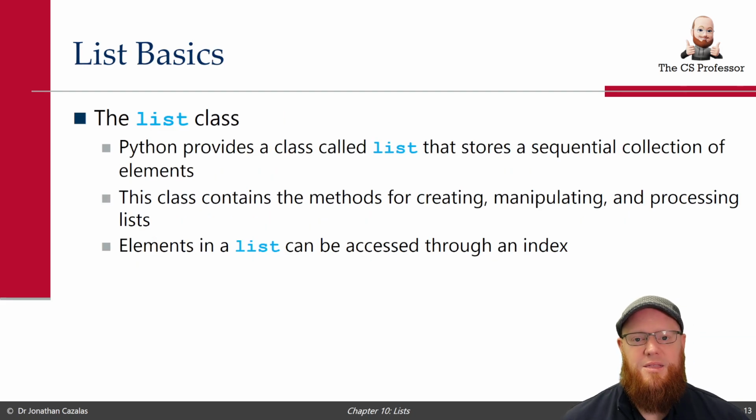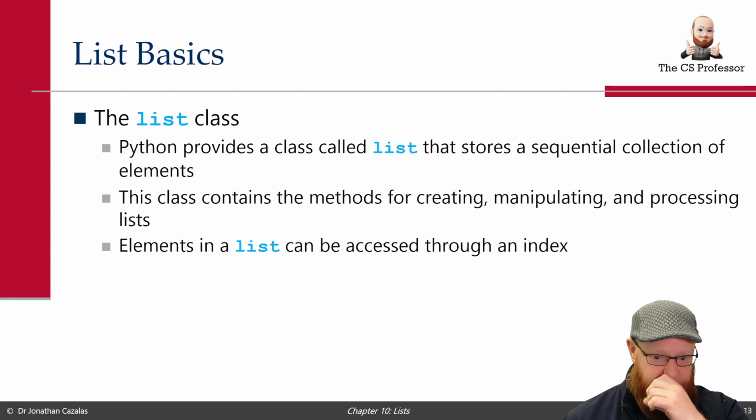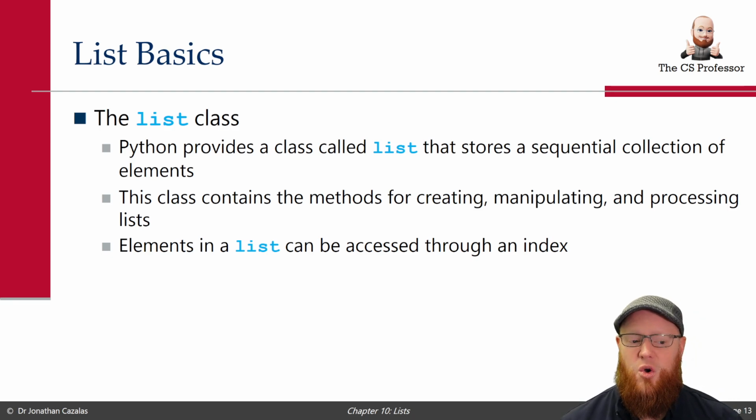So Python gives us this list class. And this class is a sequential collection of elements. We can store multiple elements in one single variable. And this list class contains methods for creating lists, manipulating lists, and processing lists. What's really cool about lists is they're very similar to strings.